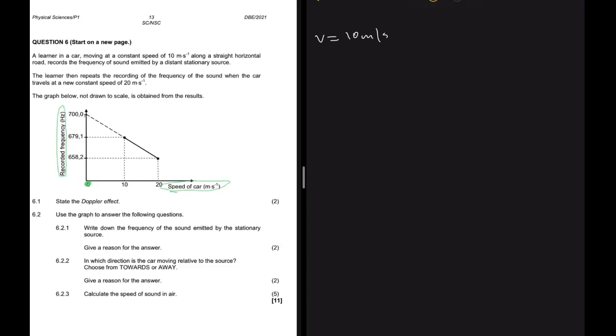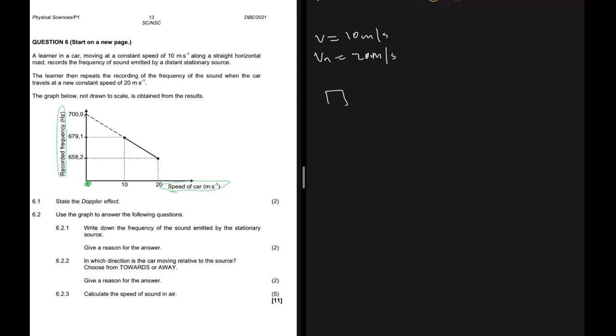The learner then repeats the recording of the frequency of the sound when the car travels at a new constant speed of 20 meters per second. So we have our new V of 20 meters per second. The graph below, not drawn to scale, is obtained from the results. On the y-axis, we have the recorded frequency, and on the x-axis, we have the speed of the car. So let me sketch what is going on.